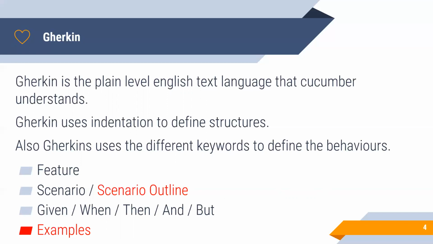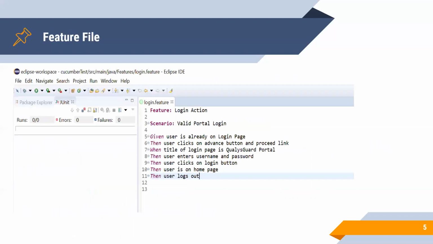So let us check an example of a feature file. The feature file will look something like this. If you can see in here, we have defined the feature, that is the login action. Then the scenario we have defined is a valid portal login, meaning whatever portal you are accessing, that should be a valid login. So this is a scenario.